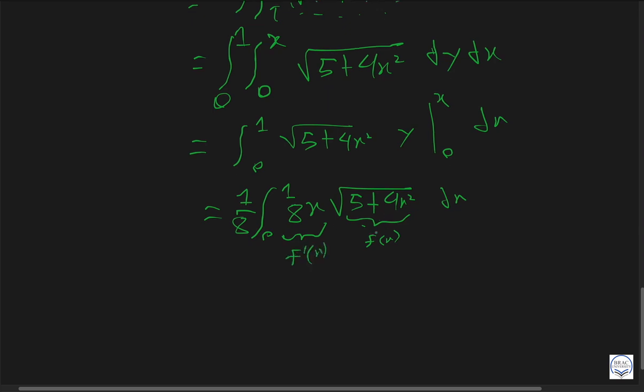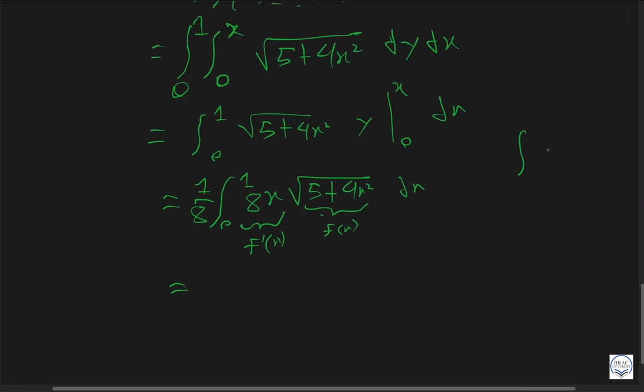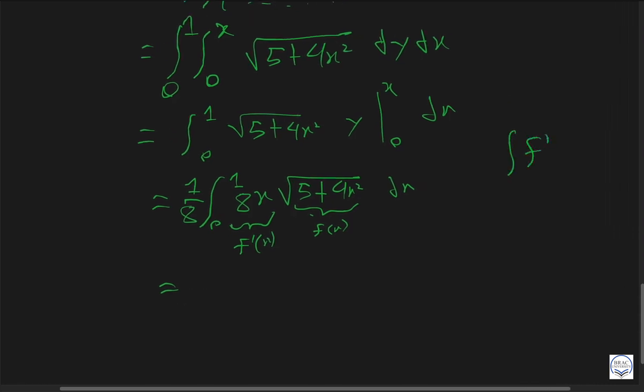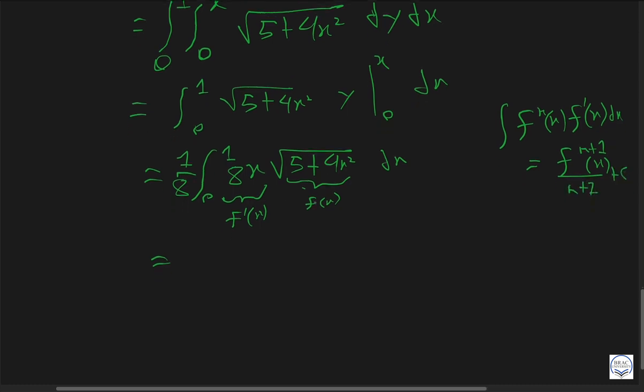If we want to do integrals of this type, we can do it quite simply. The integral of f of x to the nth power times f prime of x dx is just f of x to the n plus 1 divided by n plus 1, plus c. So here we're doing a definite integral, we won't need the c.